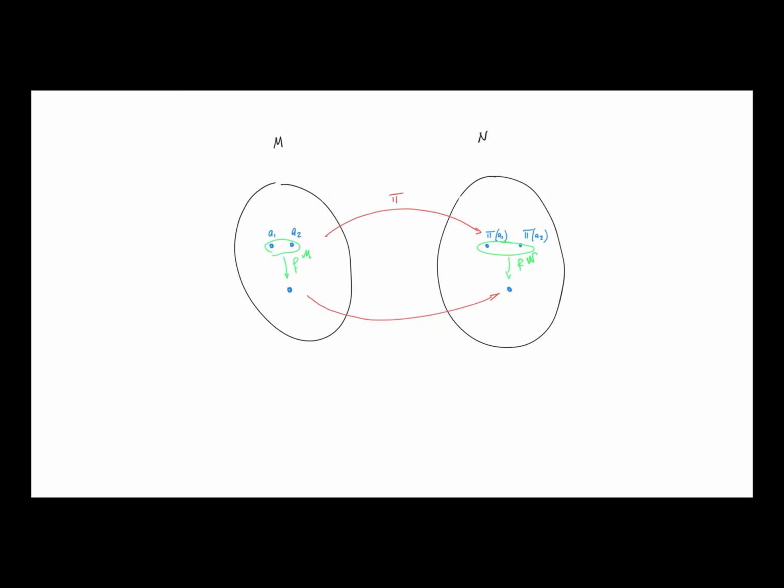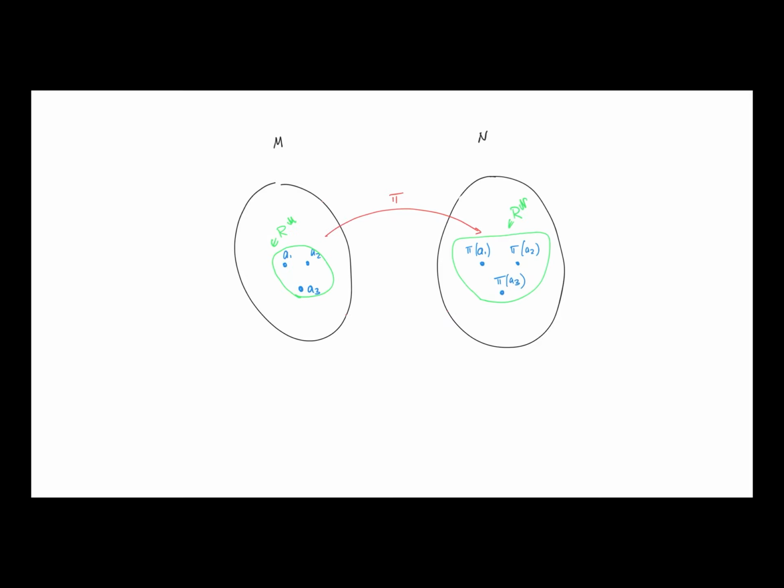So the condition for an isomorphism is just that it doesn't matter whether I first map those two elements, a1 and a2, over here to pi a1 and pi a2, and then map them using the interpretation of f on the N side, or whether I first map them on the M side using the interpretation of f in M, and then use pi to map them over here. In both cases, I land on the same result. I get this element here.